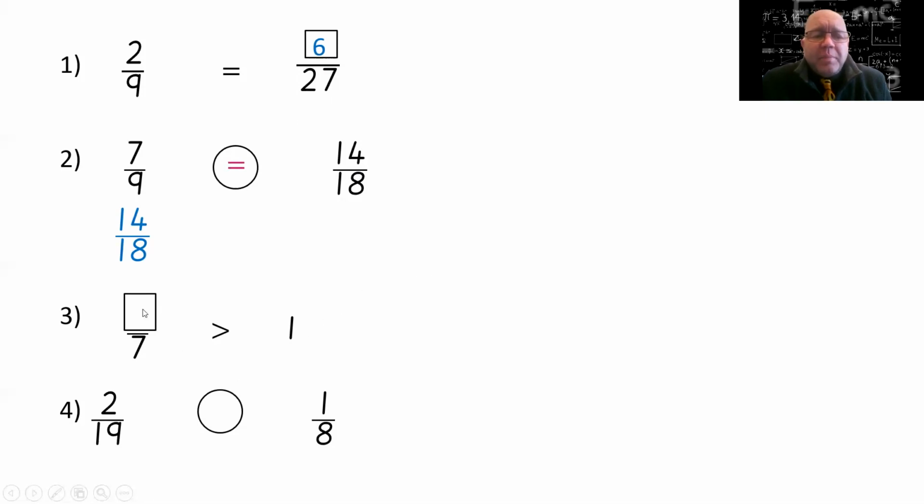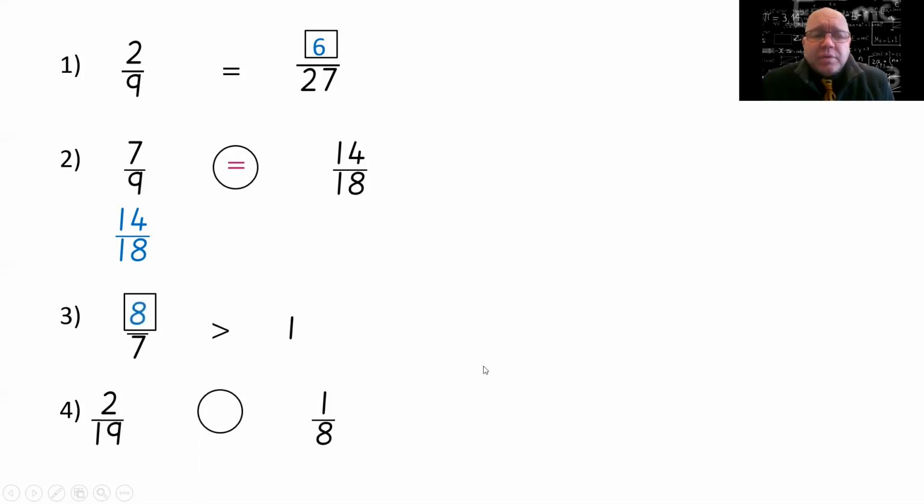Right, this one, we've got a missing number here on top. Something over 7 is greater than 1. So something over 7 is bigger than 1. Now we need to use our knowledge of improper fractions. Because if that was 7 over 7, then that will be the same as 1. 7 sevenths is equal to 1.